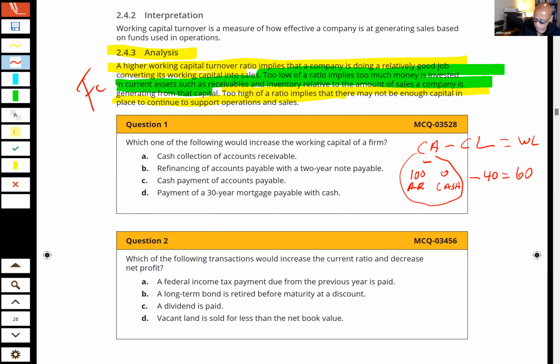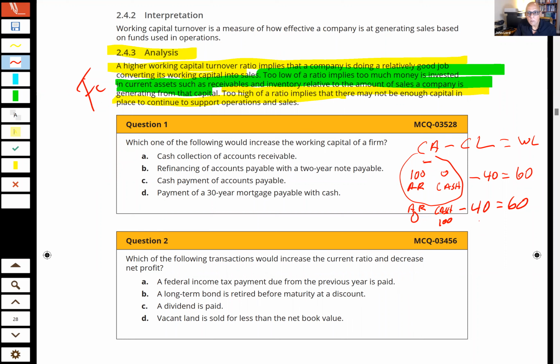If all I do is collect on accounts receivable, just to make it obvious, let's say I collect all of that. Now my accounts receivable is what? 0. My cash is what? 100. My current liabilities are still 40, so my working capital is still 60, isn't it?